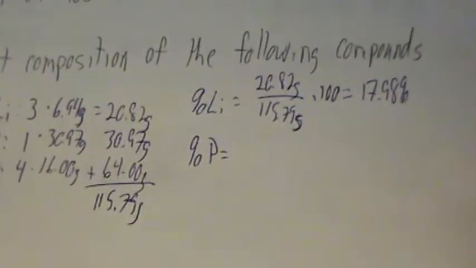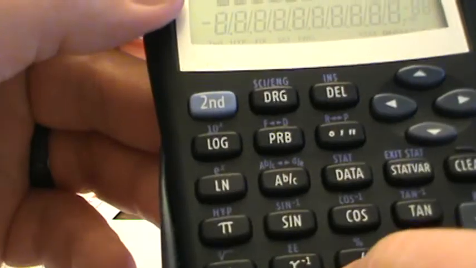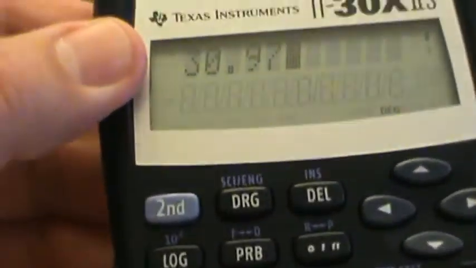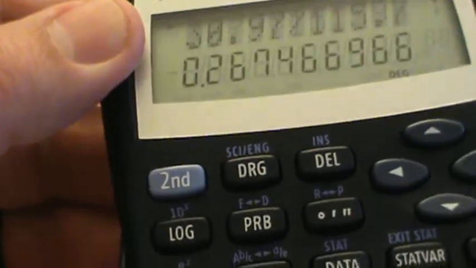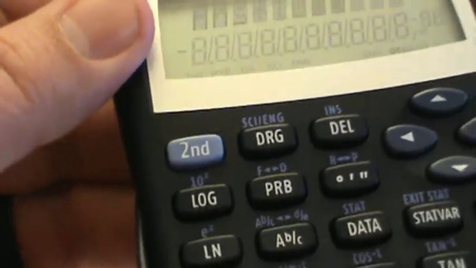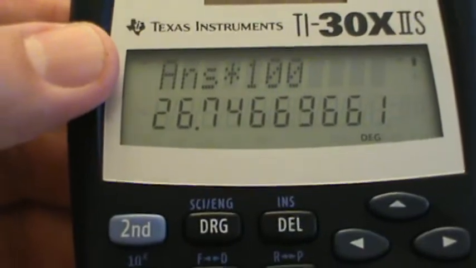Okay, next one, percent of phosphorus. 30.97 grams over 115.79 grams times 100. So 30.97 divided by 115.79, multiply by 100, and we're coming up with 26.75%.